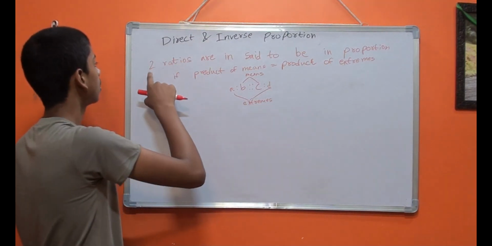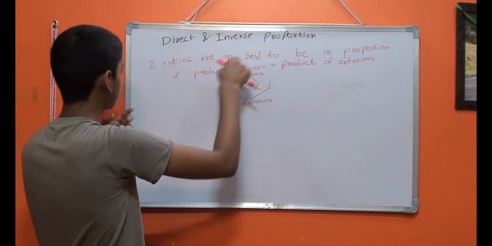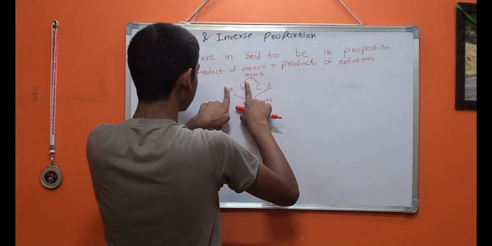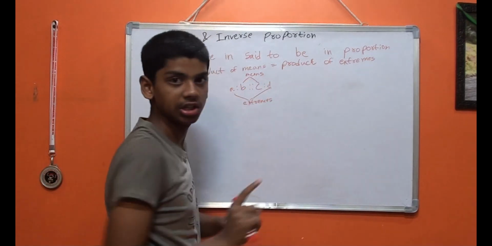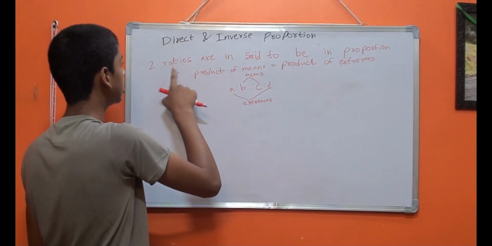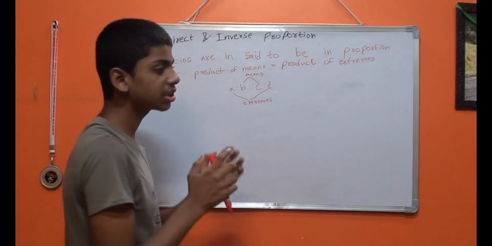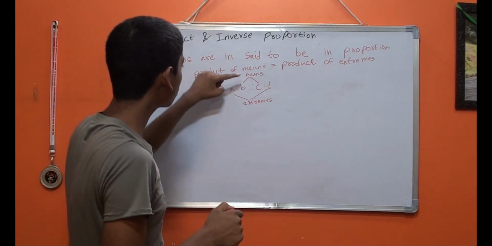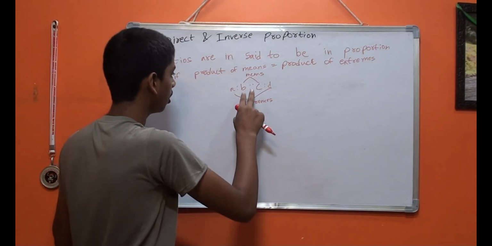First, let's see what proportion is. Two ratios, A is to B and C is to D, are said to be in proportion if the product of the means equals the product of the extremes.